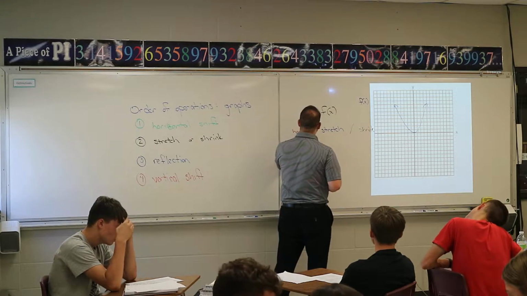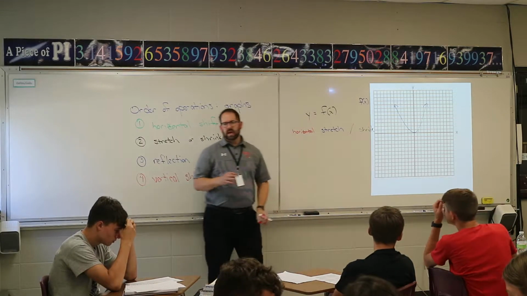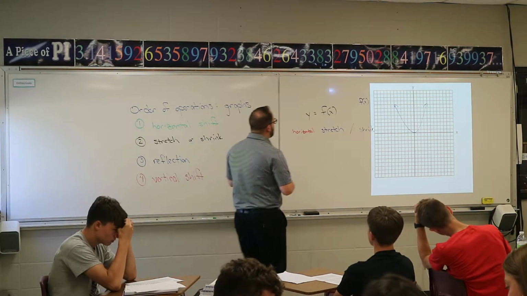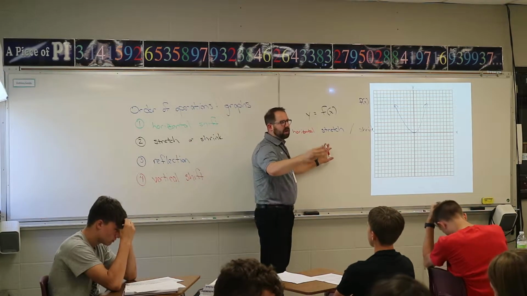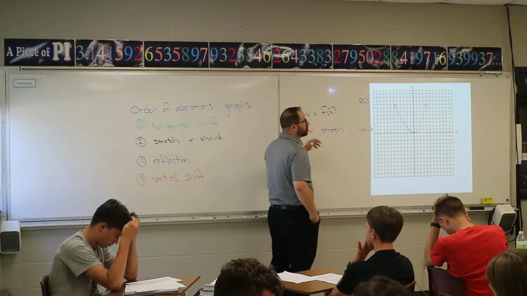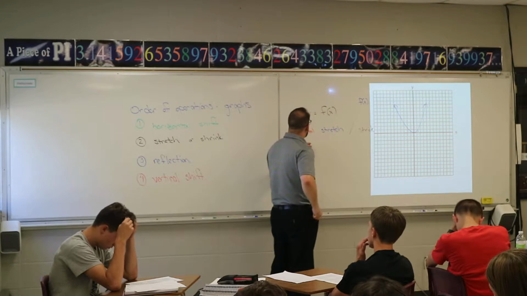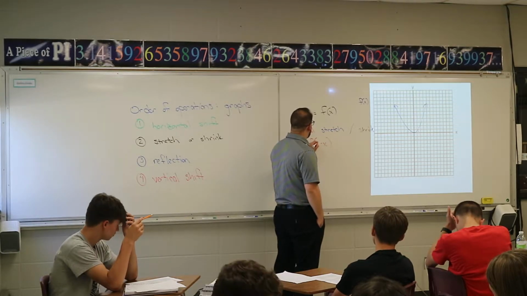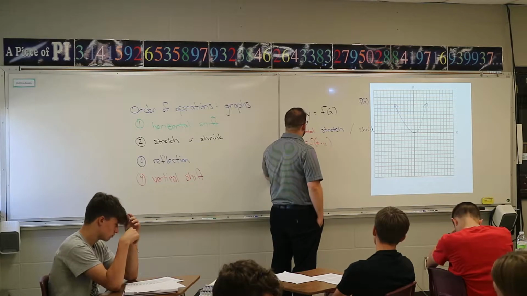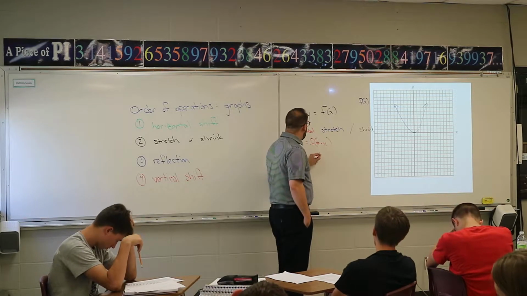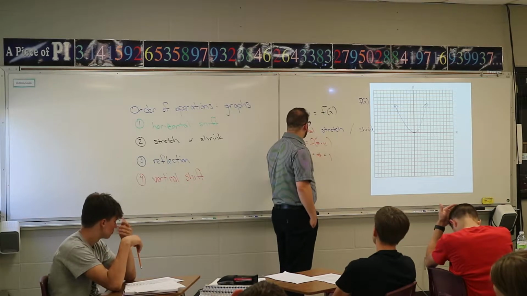This is the part that's really goofy. Horizontal is always backwards than what you think it is. So, when I threw negative numbers, I moved it to the right. When I threw positive numbers on the inside, I moved it to the left. On horizontal stretch, to stretch it horizontally, the number on the inside with the x that you're going to multiply by, because that's how you affect stretch or shrink, you multiply, has to be less than 1, greater than 0.